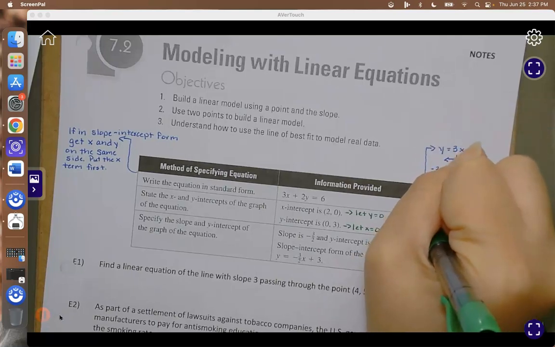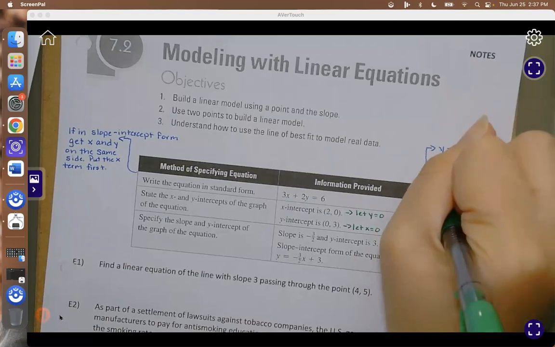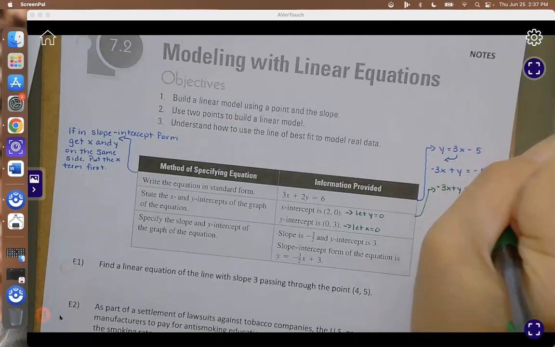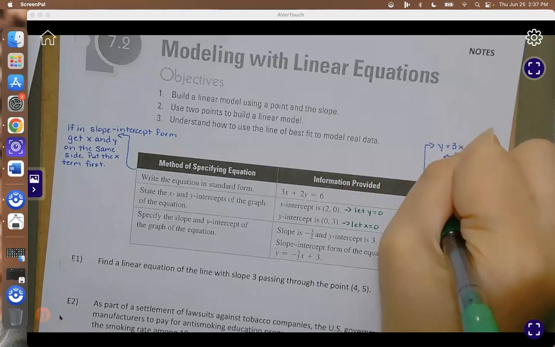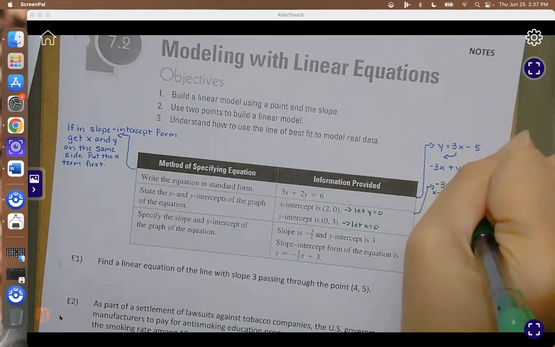Okay, so we're going to come up here and do this right here. So negative 3x plus y equals negative 5. If we're finding the x-intercept, okay, we're going to let y equal 0.